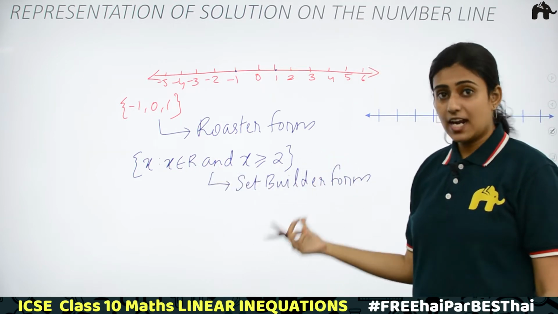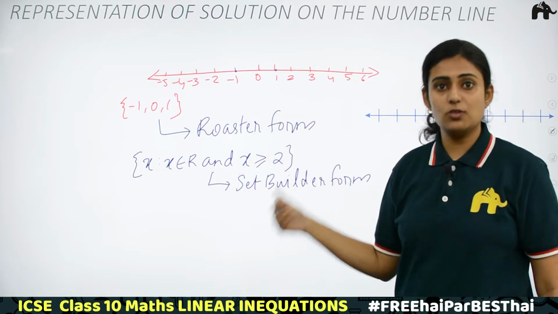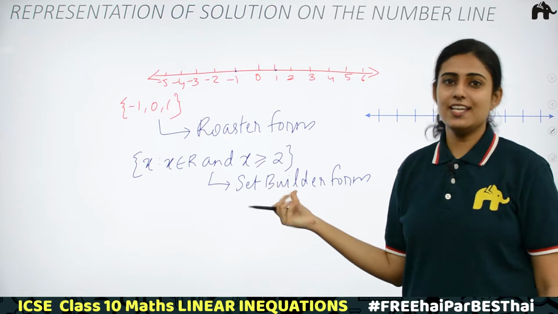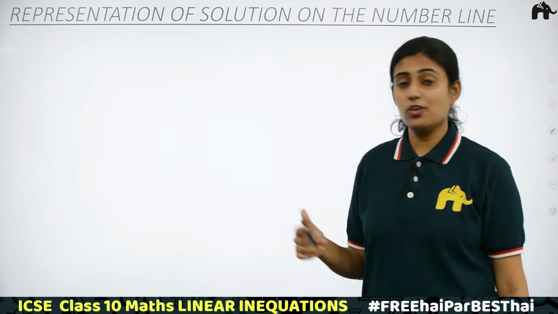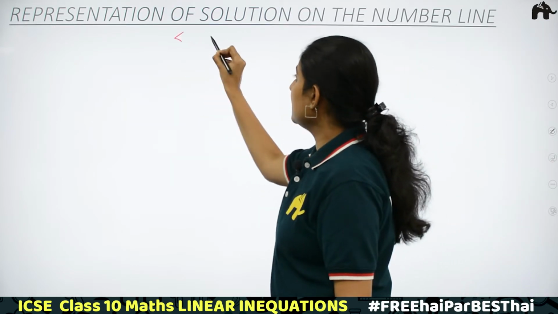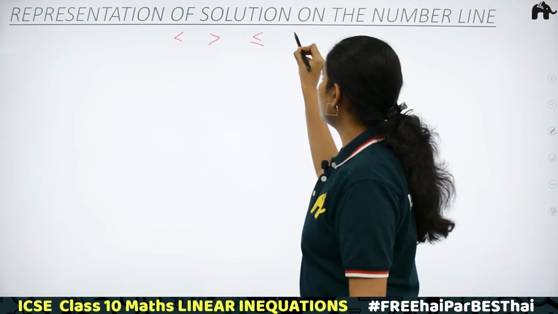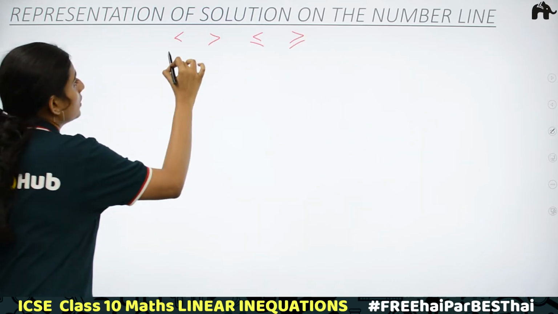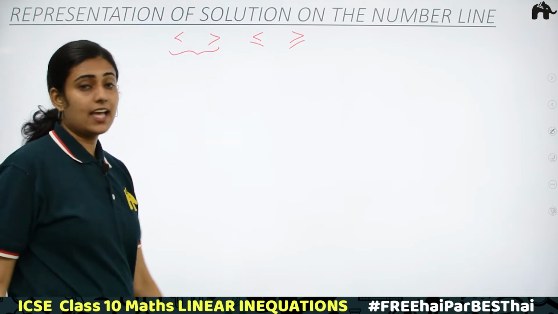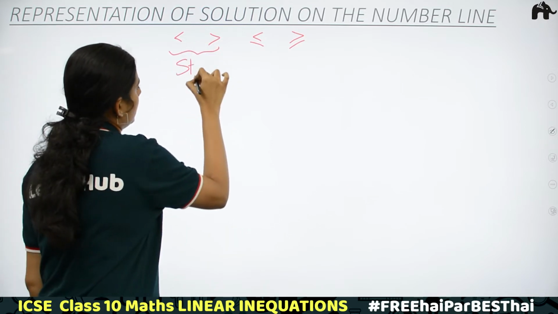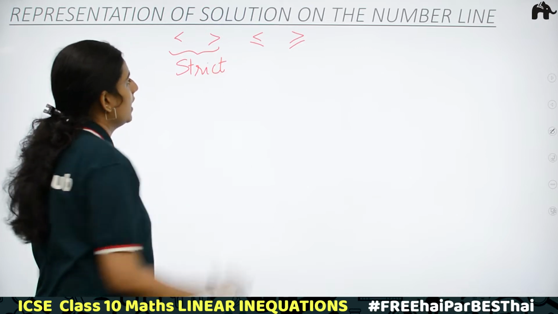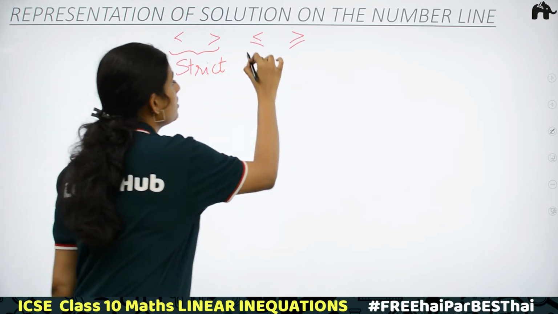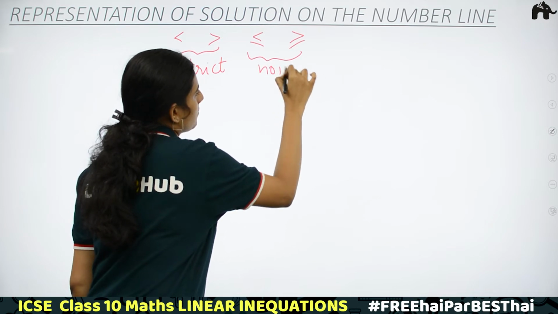We will be studying how to represent integer values, whole number values or real numbers with inequations on the real number line. We have studied 4 inequalities. Less than, greater than, less than or equal to, greater than or equal to. Less than and greater than are called strict inequalities. Less than or equal to, greater than or equal to are called non-strict inequalities.